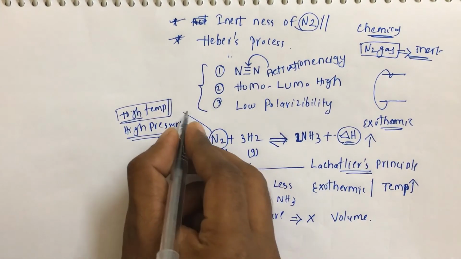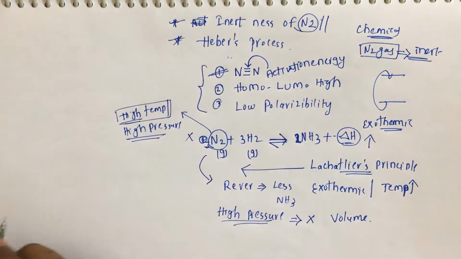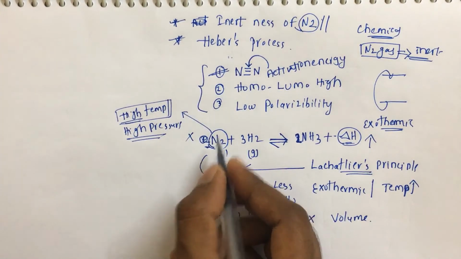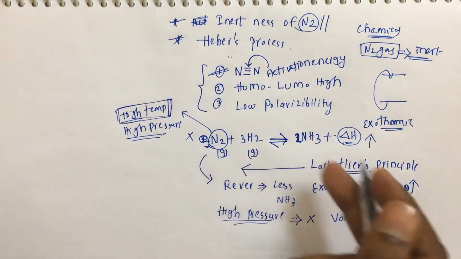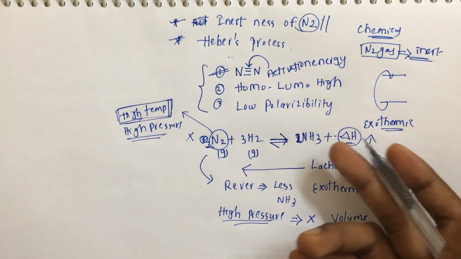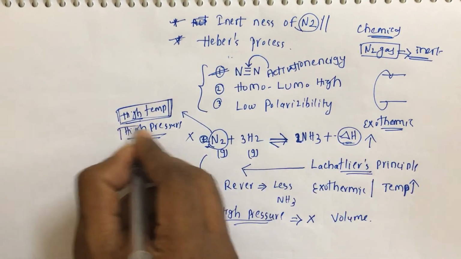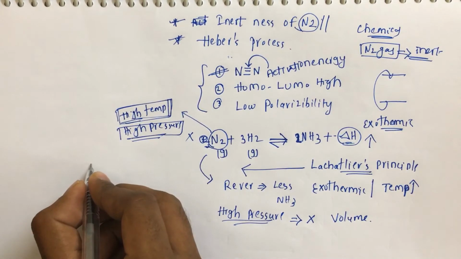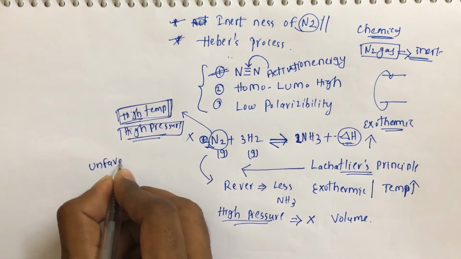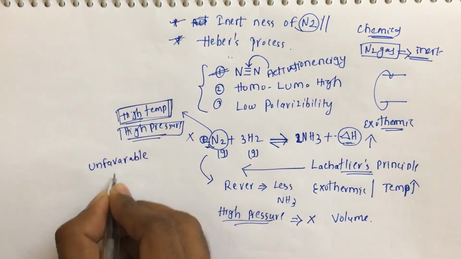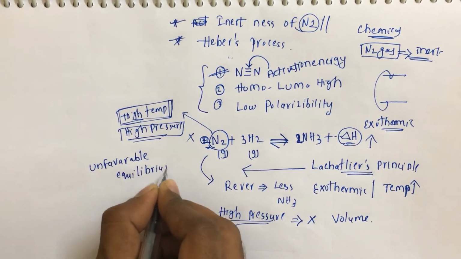As I said, we need more activation energy to break N2, meaning there is a triple bond. Because of that we are using high temperature, not for the reaction, not for increasing the reaction yield. And we are using high pressure to overcome an unfavorable equilibrium constant, to overcome thermodynamically unfavorable equilibrium conditions.